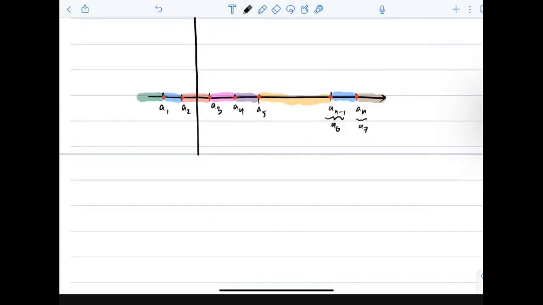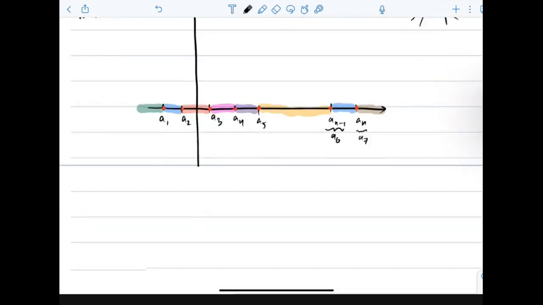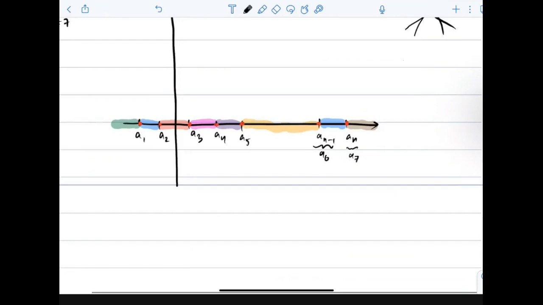Now let's say in the brown region, I will write it down here, for x greater than or equal to an, right?